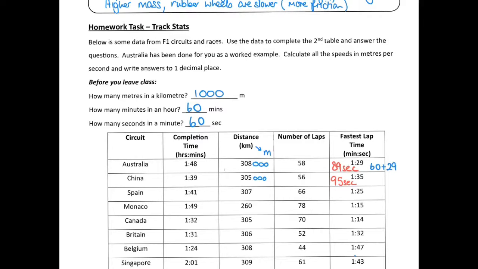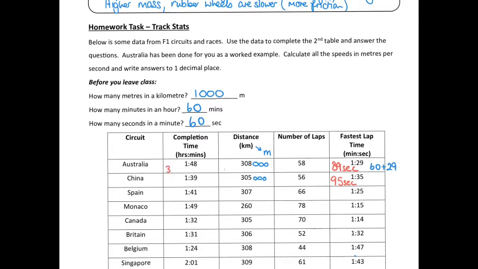Okay. Now, the more challenging one is converting your hours and minutes into seconds overall. So 1 hour is how many seconds? Well, there are 60 minutes in an hour, and for every minute you have another 60 seconds. So that means you have 60 times 60, which is 3,600.